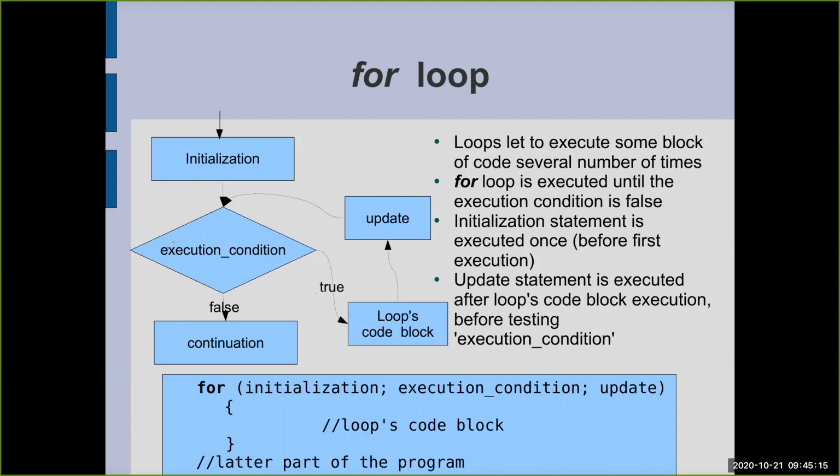So look, here I have the execution condition. So it's the same as for the if statement. So I have the branch for false and the branch for true.